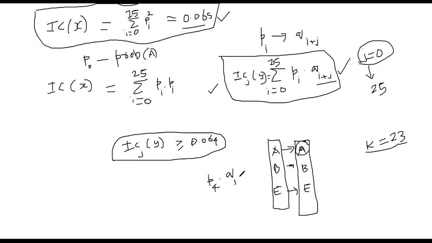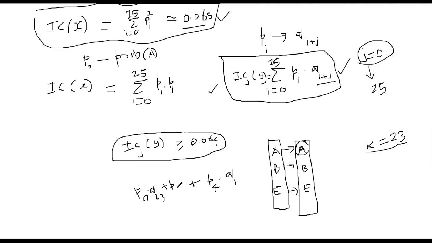If our guess of the key k equal to 23 is correct, this sum of probability squares will be equal to overall 0.065, and we keep doing this not only for P4. We have to do all the way from P0, of course. Where will P0 go? P0 goes to 23, whatever character 23 is, and P1 goes to 24, and so on.